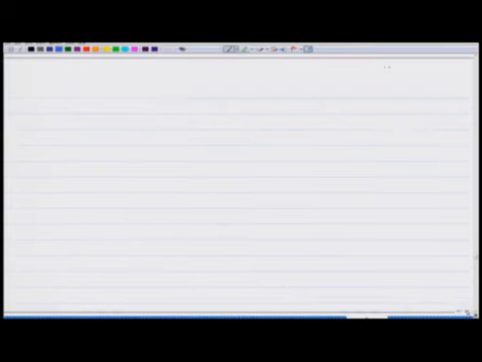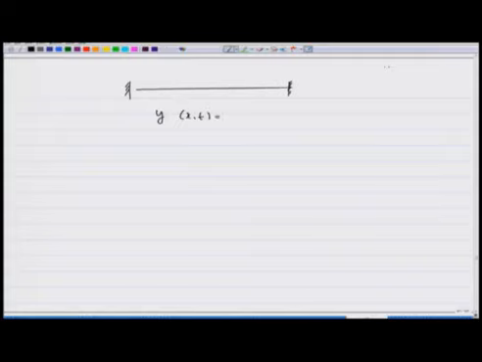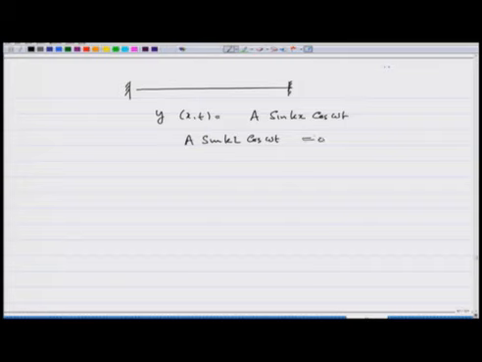So, for this string I have y(x, t) equals a sin kx cosine of omega t, and a sin kL cosine of omega t equals 0.